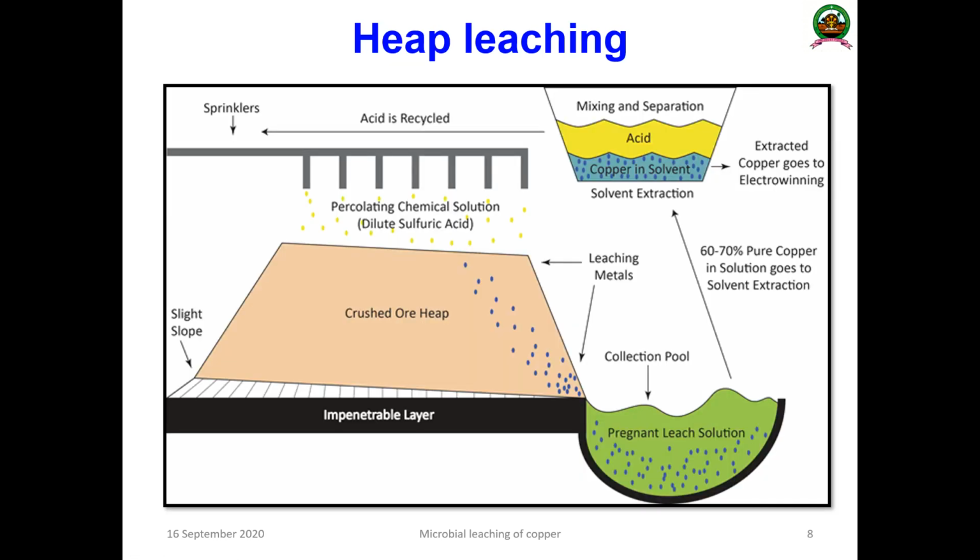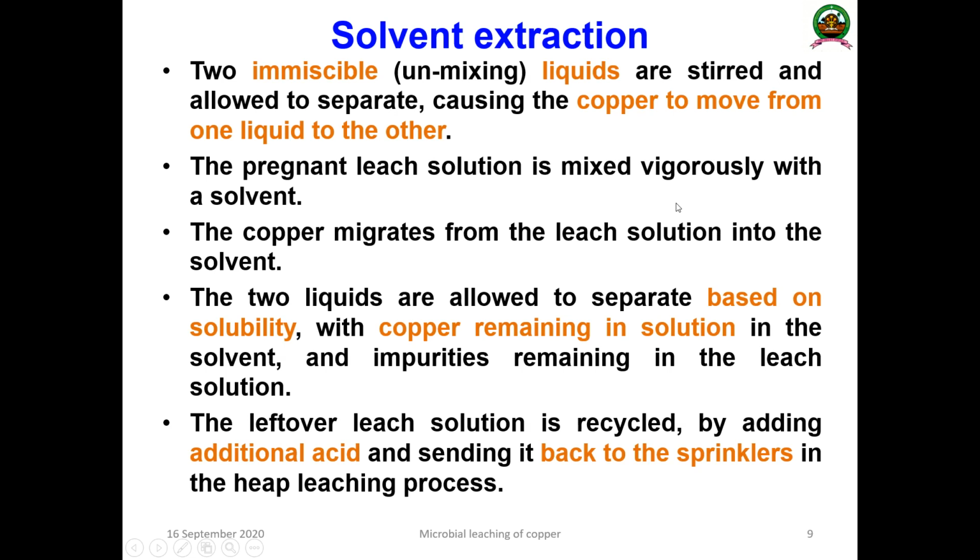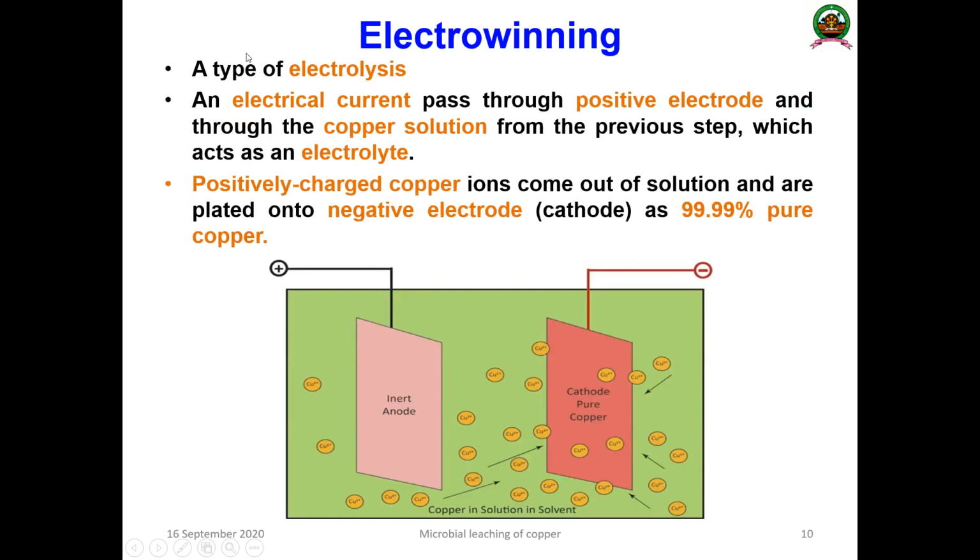Once the solvent extraction is done, the extracted copper will go to the next step, called electrowinning. The electrowinning step is a type of electrolysis.